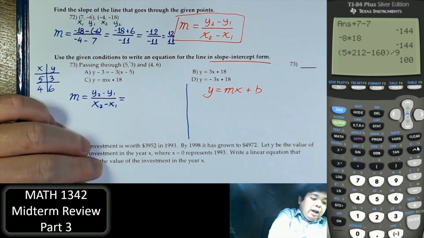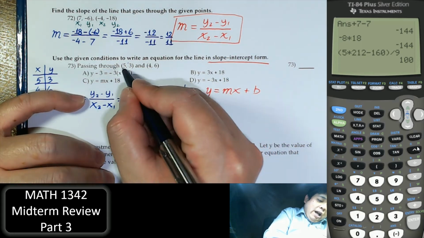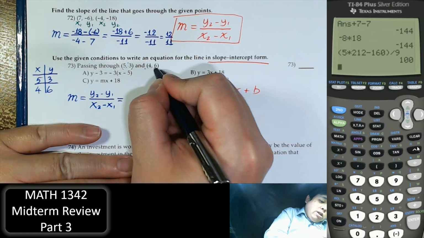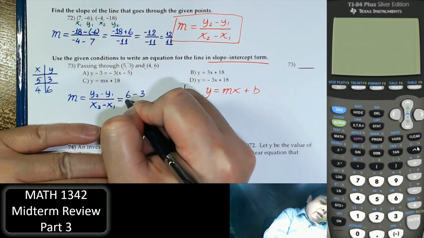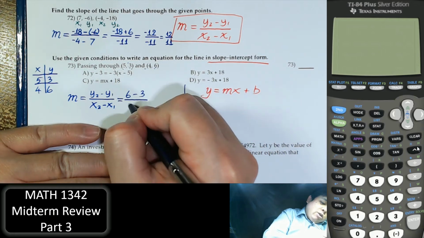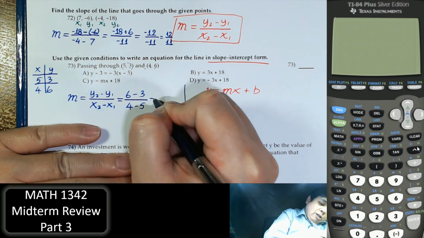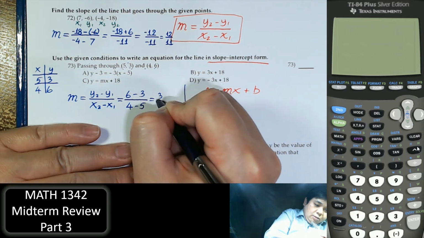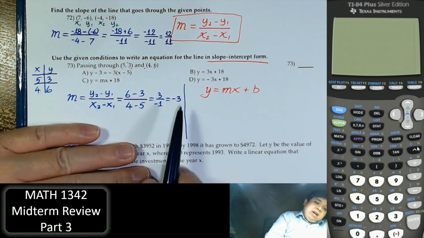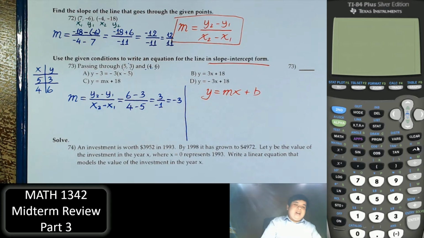Now, x1, y1, x2, y2. So 6 minus 3, y2 minus y1, x2 minus x1. So we have negative 3, so we know it's going to be this already.